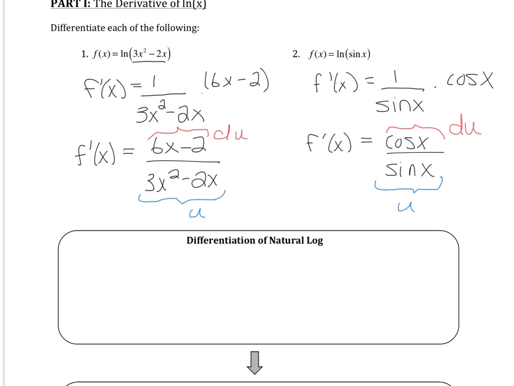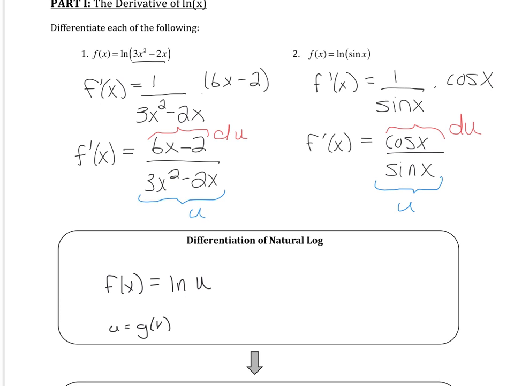So let's just summarize. For example, let's say that I am going to call function f the natural log of some other function u. In this case, we're going to assume that u is a function of x. We'll just make a little note here that u is some function of x. Who cares what we call it.